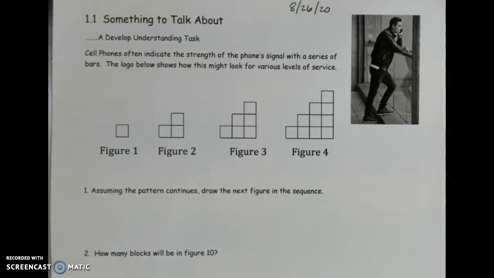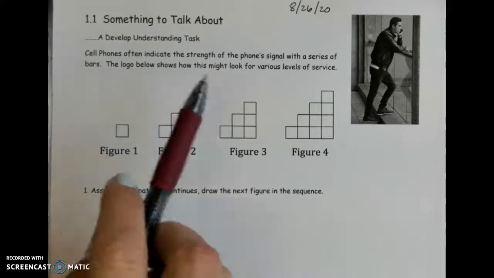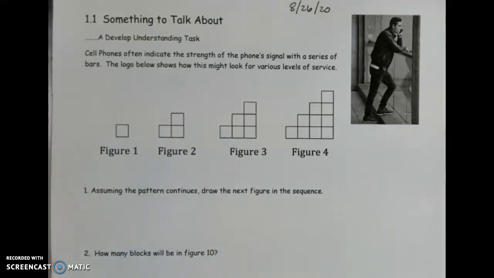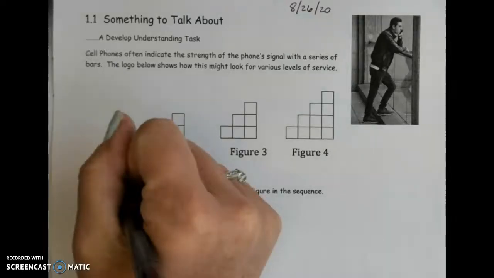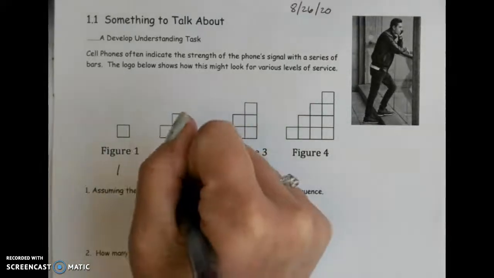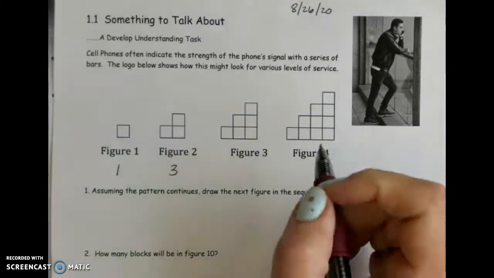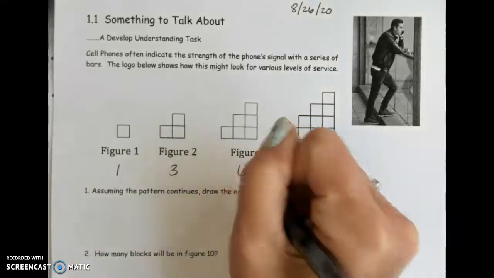All right, so just to recap a little bit for Math 1, a develop understanding task. Cell phones often indicate the strength of the phone signal with a series of bars. The logo below shows how this might look for various levels of service. Figure 1 has 1 bar. Figure 2 has 3 bars. Figure 3 has 6 bars.